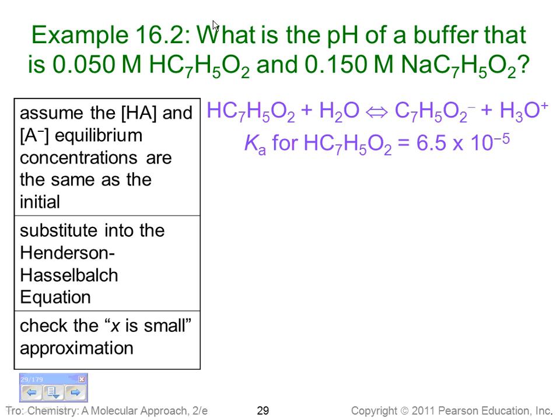So let's do this example. What's the pH of a buffer that's 0.05 molar some weak acid and 0.150 molar sodium salt of that weak acid?